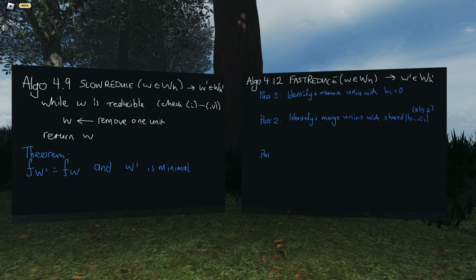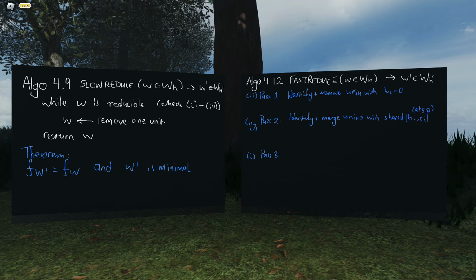And then pass 3 is to, okay, so this has taken care of condition 2. This takes care of conditions 3 and 4. And so it remains to take care of condition 1. I've left it until last because when you're merging units, it might turn out that the merged unit suddenly has outgoing weight 0.